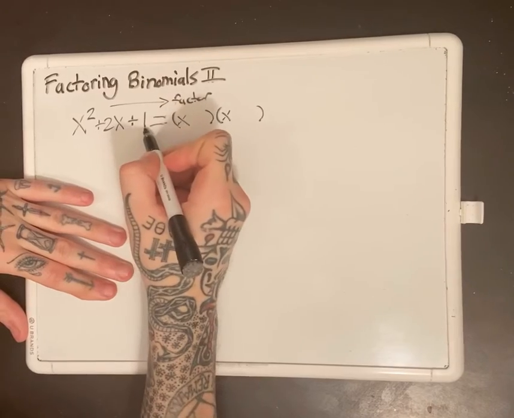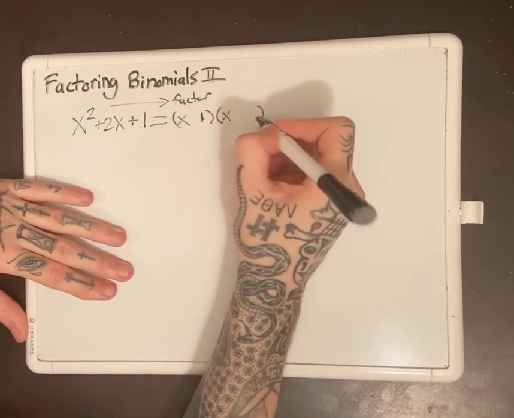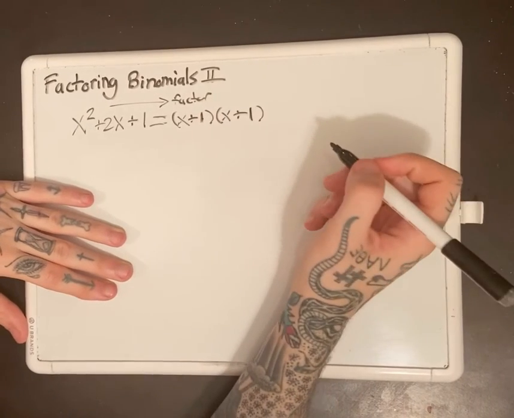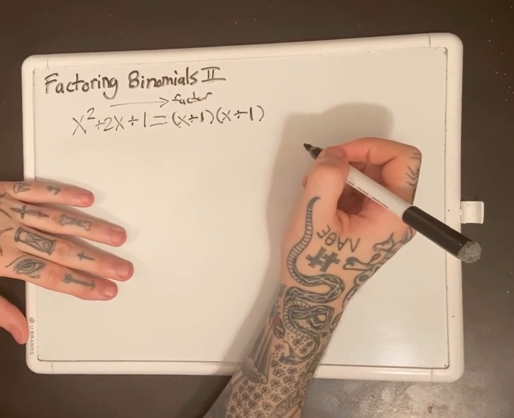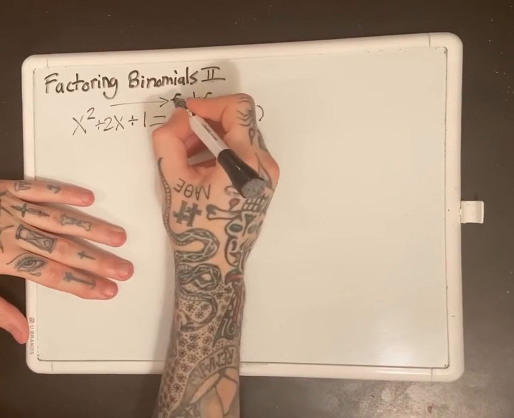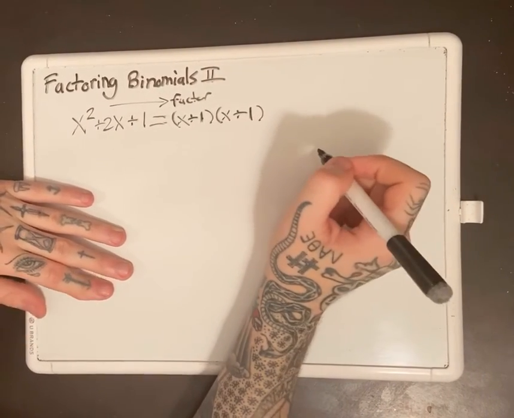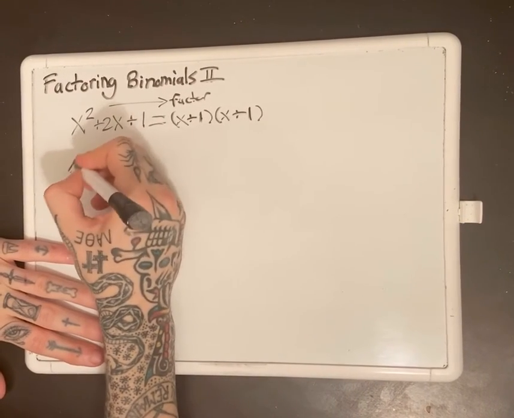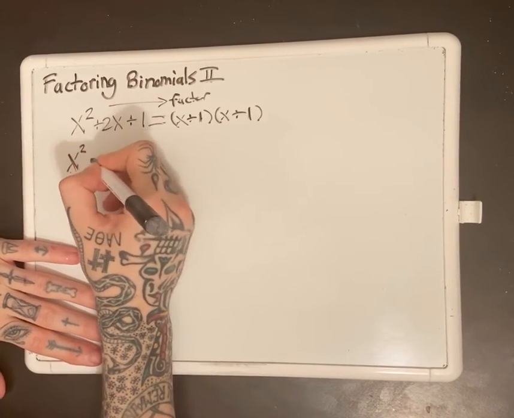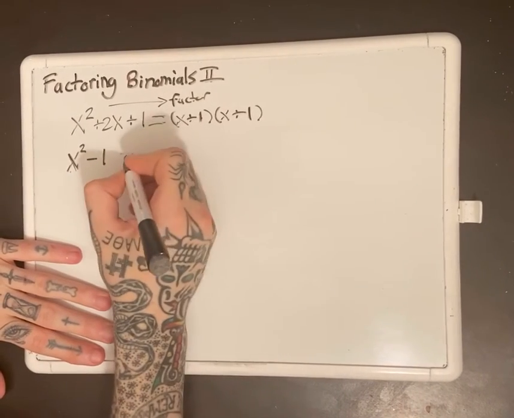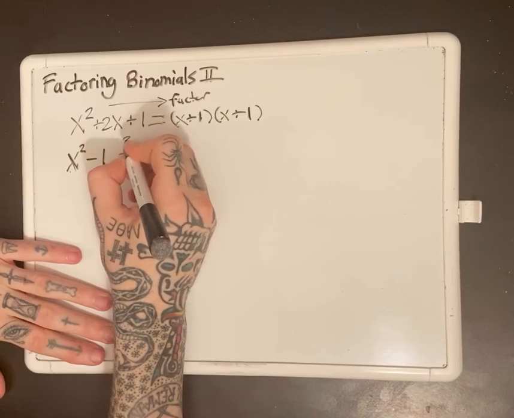Then the 1, we know 1 and 1 equals 1. So we get x plus 1 times x plus 1, okay? Sometimes it's more complicated than that, obviously. But now, what would you do if you were given something like this? X squared minus 1. How would I factor that?